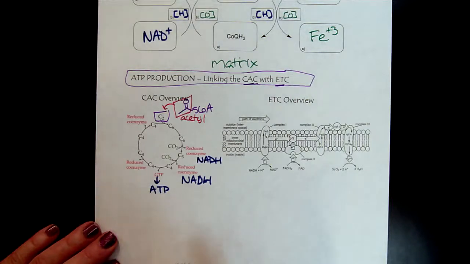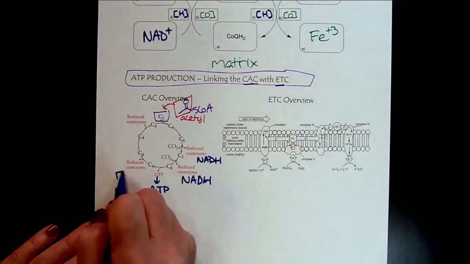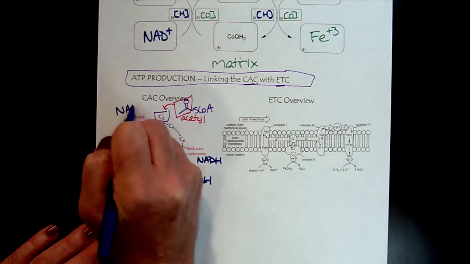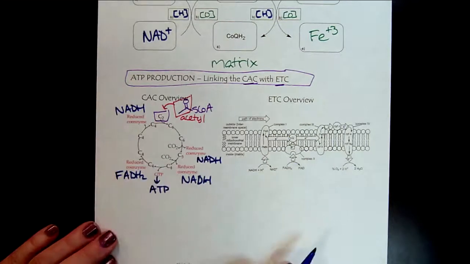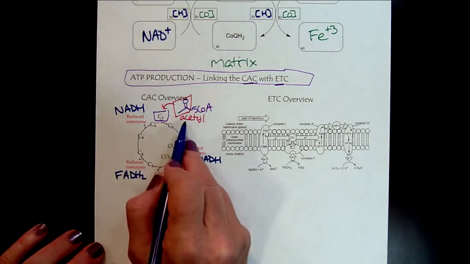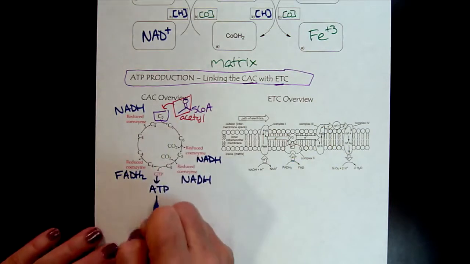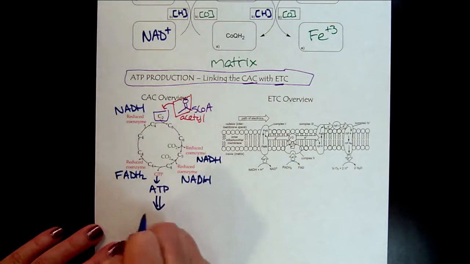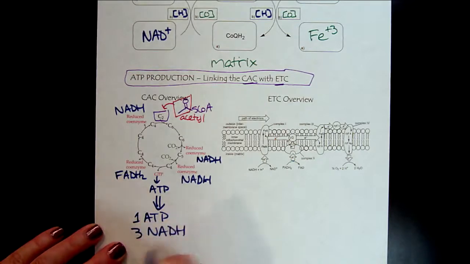So don't let that stress you out. Then we get an FADH2. And finally, we get one more NADH. All right? So from the citric acid cycle, 1 acetyl-CoA goes in, and then ultimately we get 1 ATP, 3 NADHs, and 1 FADH2.